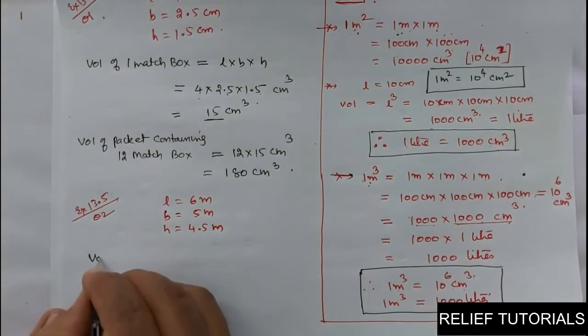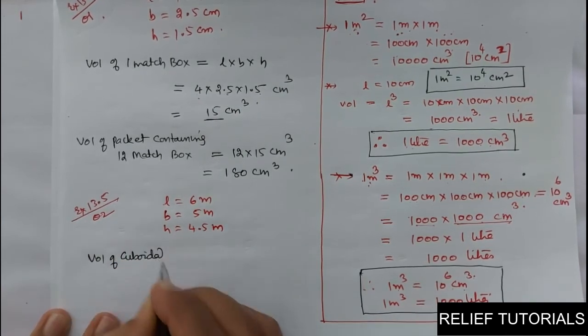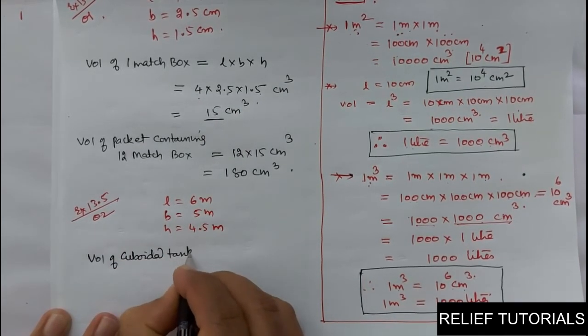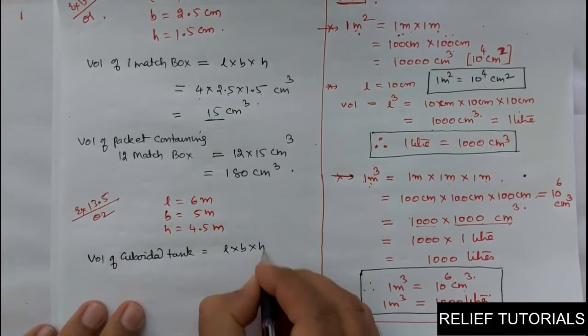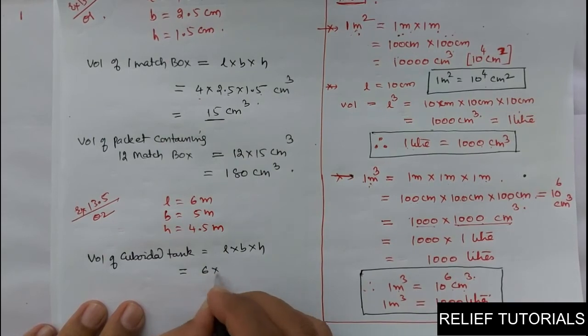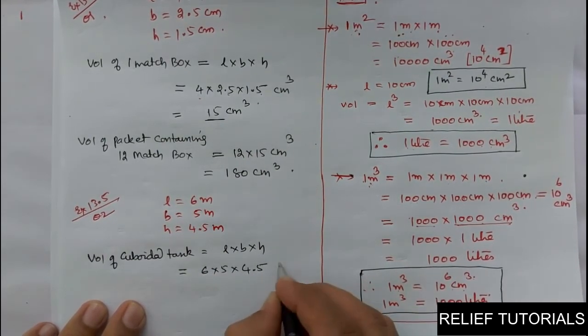So I can say volume of cuboidal tank is equal to L B H, length into breadth into height. Length is 6, breadth is 5 and height is 4.5 meter cube. Why?